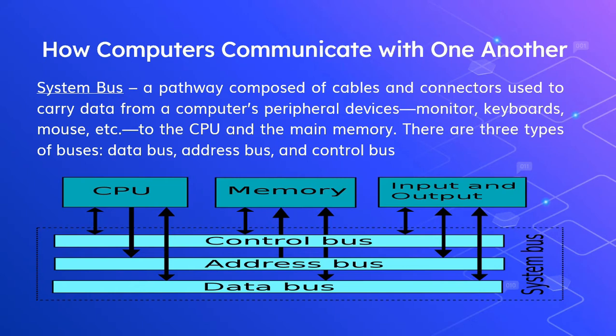So, all these connections and other information transfers are being controlled by the system bus. The system bus is a pathway composed of cables and connectors used to carry data from a computer's peripheral device.